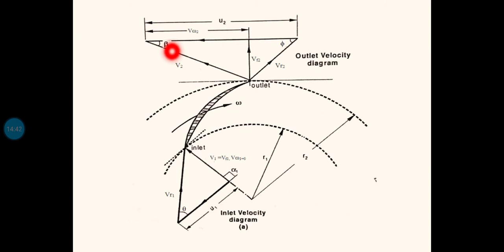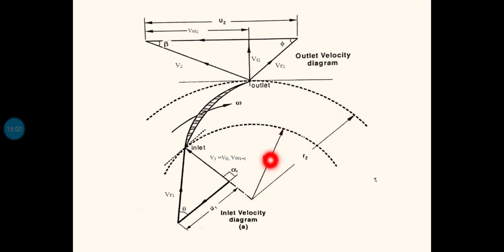So here this is beta and this one is angle phi. This velocity triangle we have already seen in module 2 and 3, so this is very much familiar for you. And here one more thing you have to remember is V1 is equal to Vf1 and Vw1 equal to 0, and R1 is the inner radius and R2 is the outer radius.